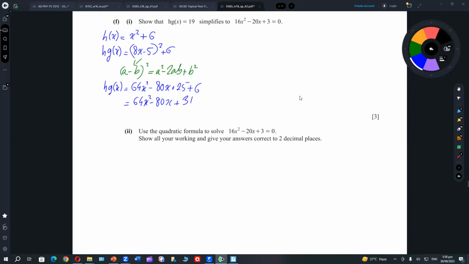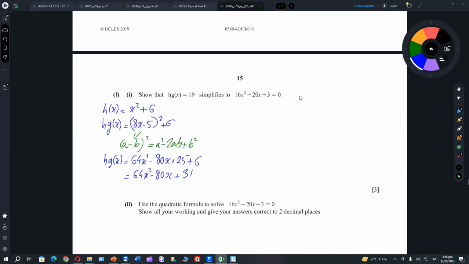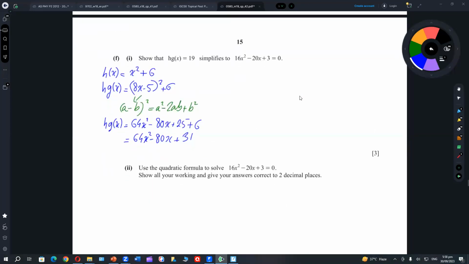Use the quadratic formula. But the equation needs to be complete. He wants to equate it to 19.